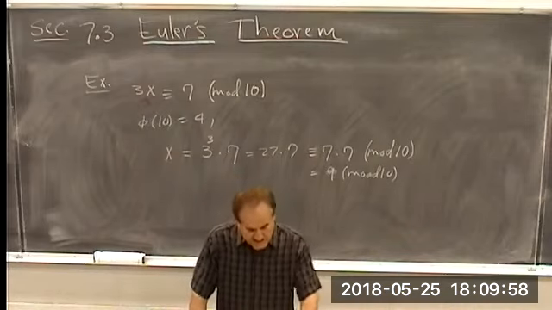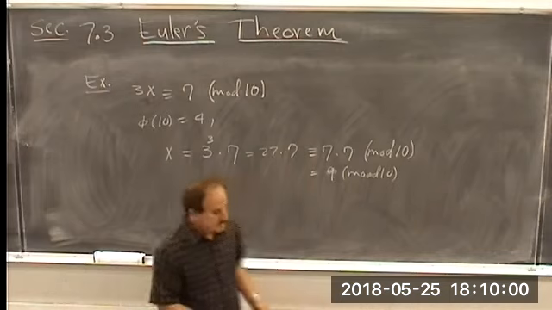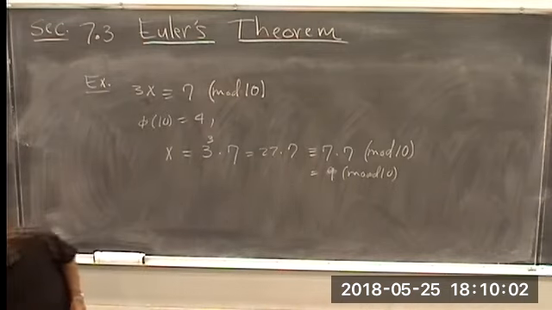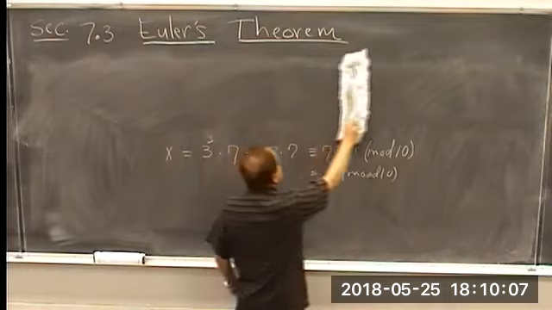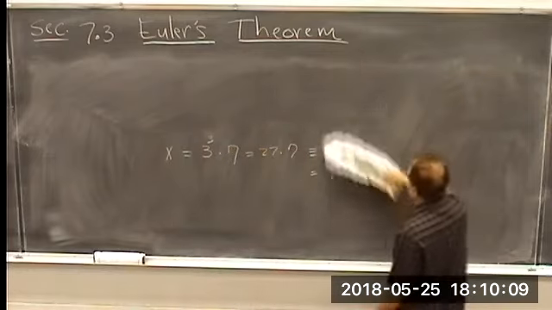Now, let's look at the general case where we don't have that A and N are relatively prime.